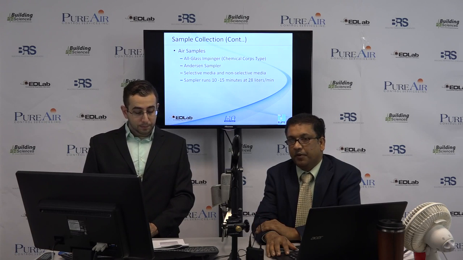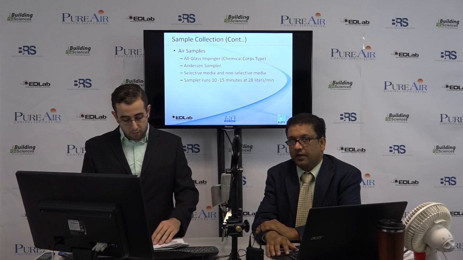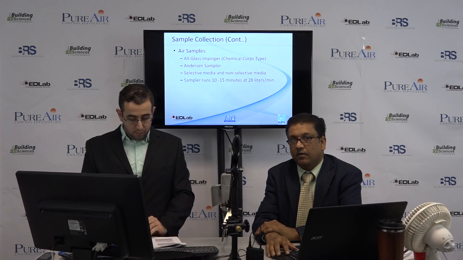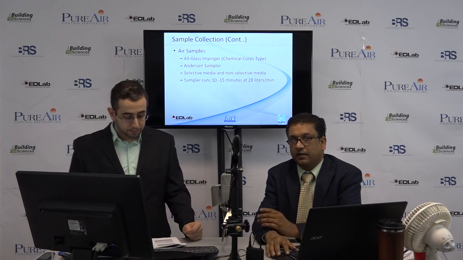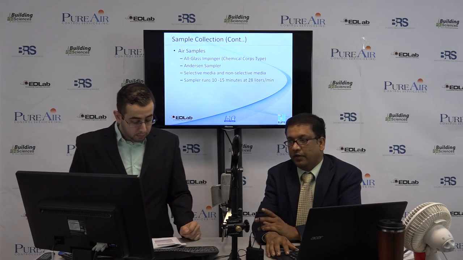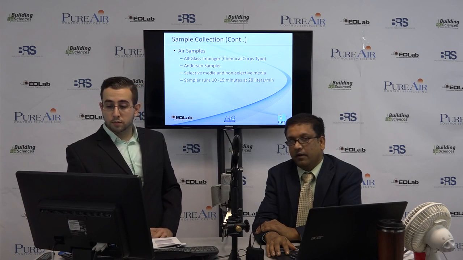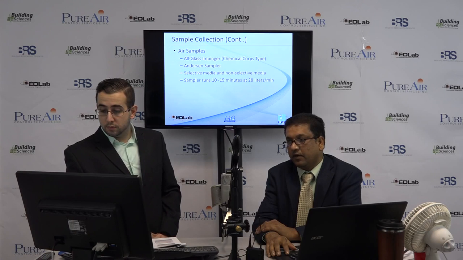Or sometimes people use misters in the summer season. If contaminated water is being used, then that can also be misted, and then that finally aerosolizes. So you may want to collect the sample for a little longer than typically collected for other bacteria.